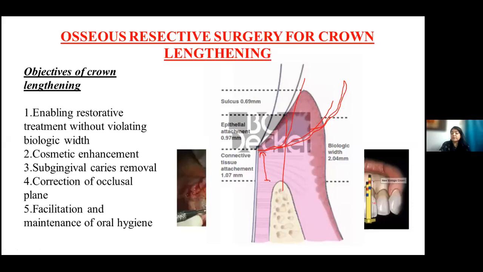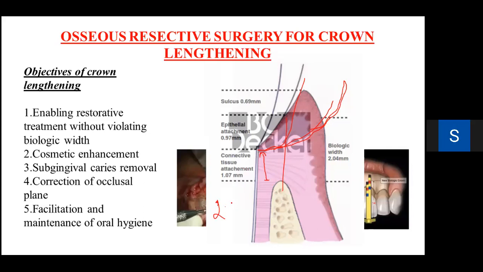Now he has only 0.5 or 1 mm left. Now what will happen? Recession. Before recession, what will happen? Bone loss, attachment loss.